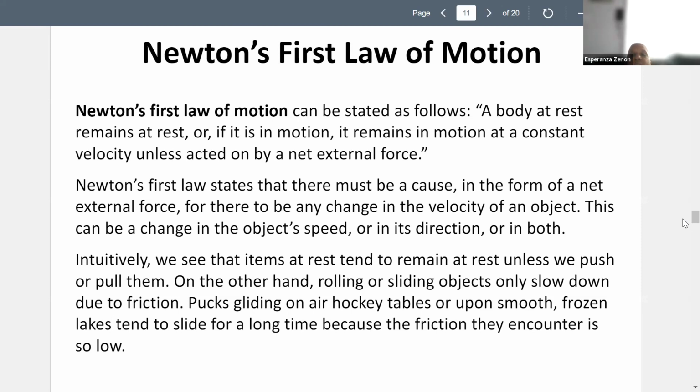But they didn't understand that the thing causing those objects to stop was friction, which is a force. Okay. So Newton comes along and he turns that around and says, no, the natural tendency is not to come to a stop. The natural tendency is to keep doing whatever it's doing. And the reason things that you're talking about come to a stop is because there is an unbalanced force on them, friction. Okay.